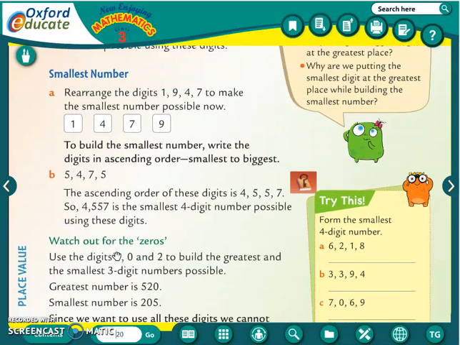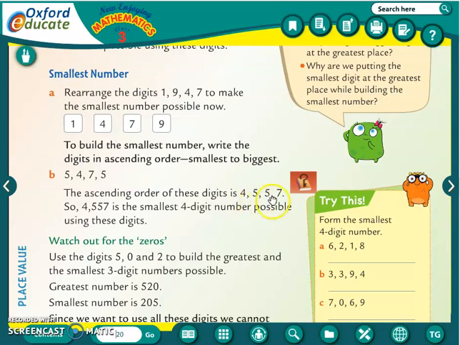Then second number, that is the ascending order of these digits, see here second number is given 5, 4, 0, 5. The ascending order of this digit is 4. सबसे पहले हमें स्मॉलर नंबर लेना है, so 0 will be there.